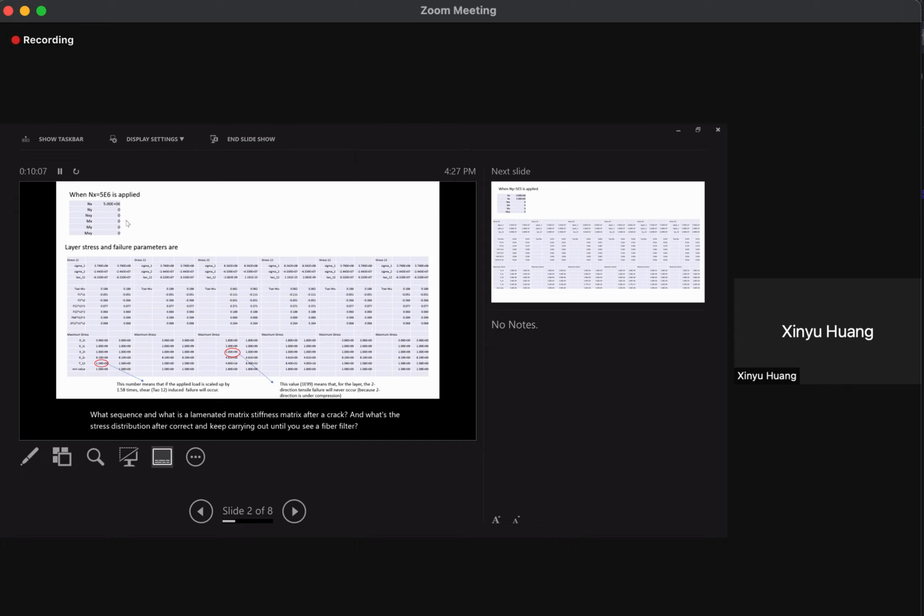And at that point, you reach the strength of the laminate, the whole thing, which is the limit. And your code should be able to predict that for a certain layup.